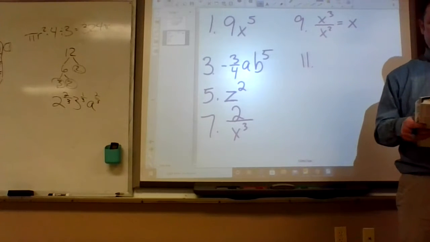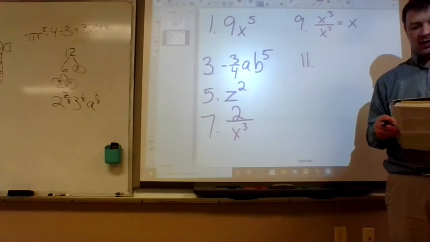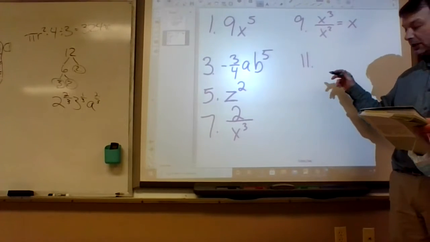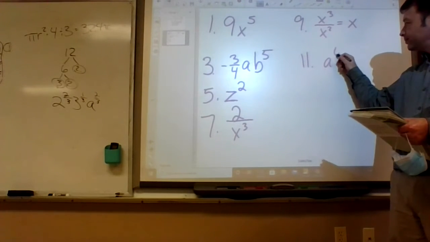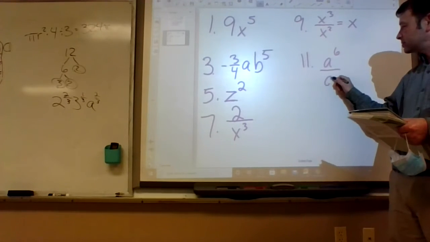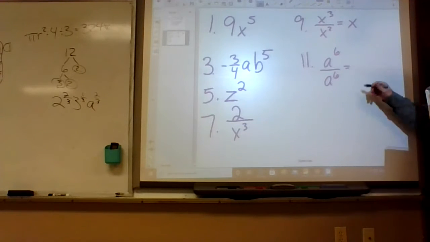Number 11, Britain. How many A's do we have on top? 6. How many we got on the bottom? 6. So what's a to the 6 divided by a to the 6? One.